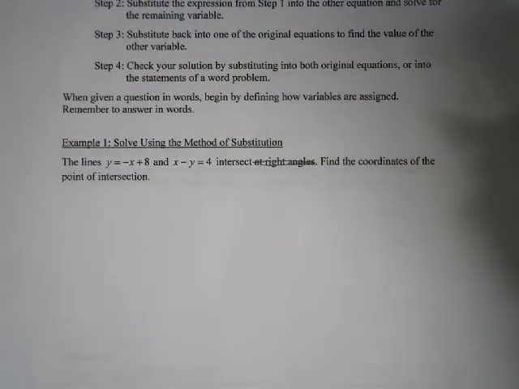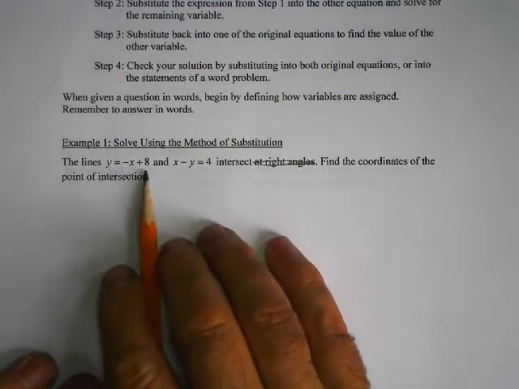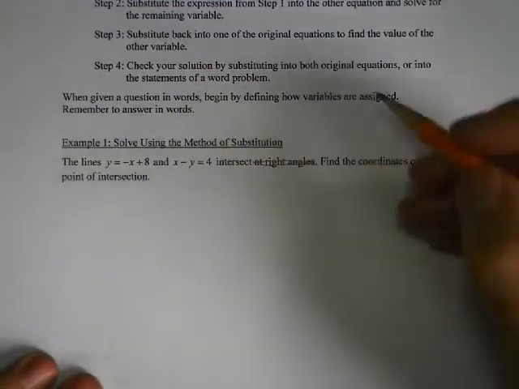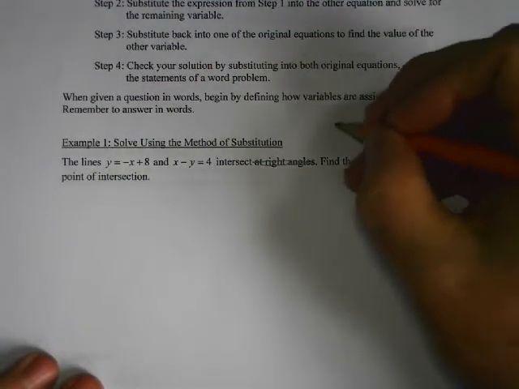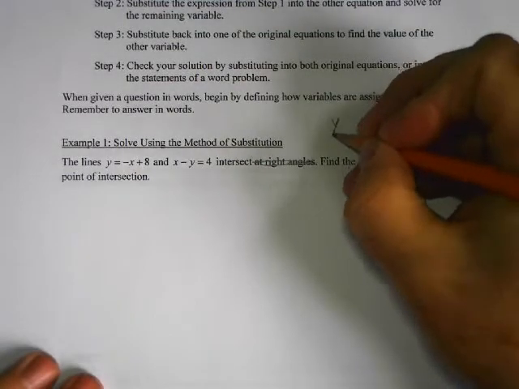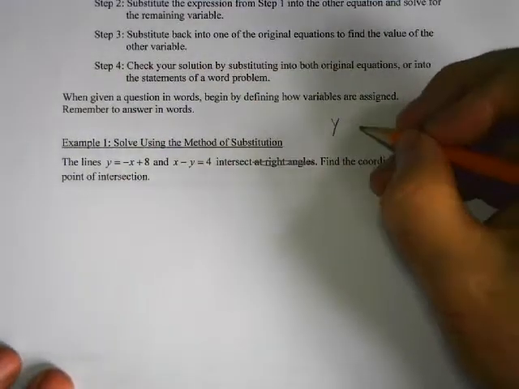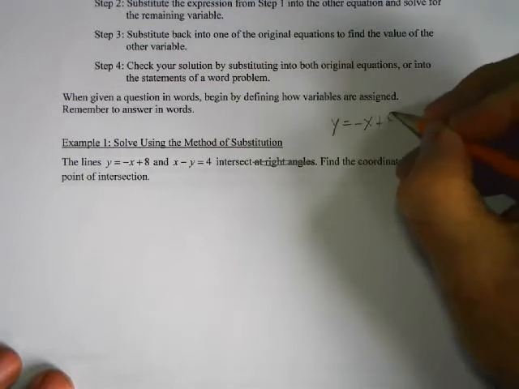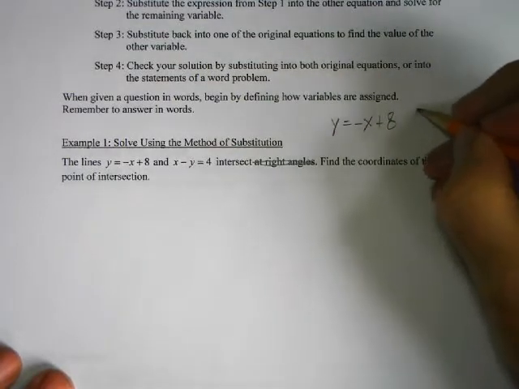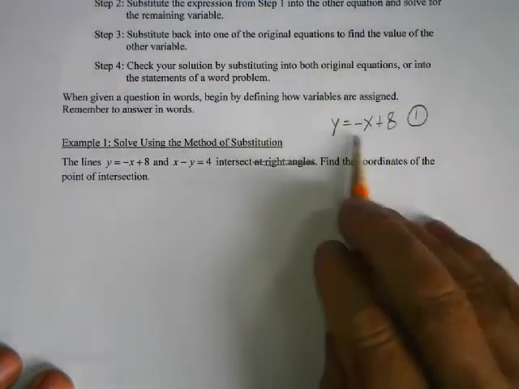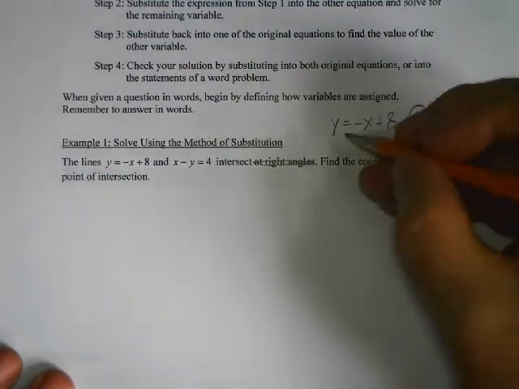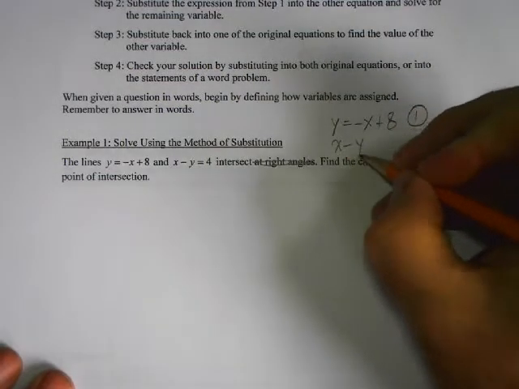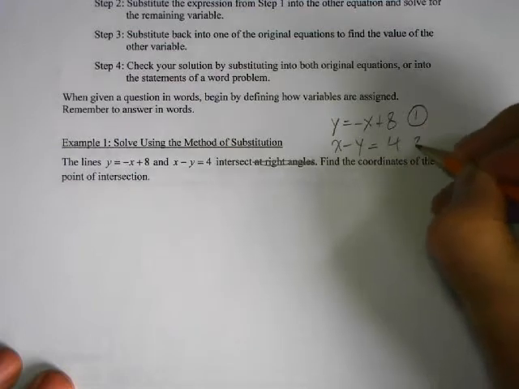Now, you notice these 2 equations. I'm going to rewrite them so that one is above the other, with a number label. Usually I'd write them down here, but I want to save some space for the solution. That's the first equation, and here's the second equation, number 2.